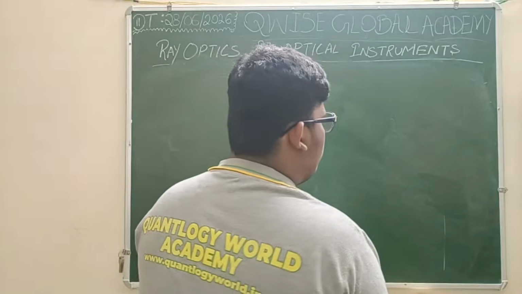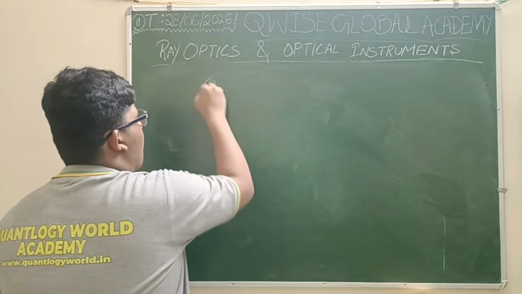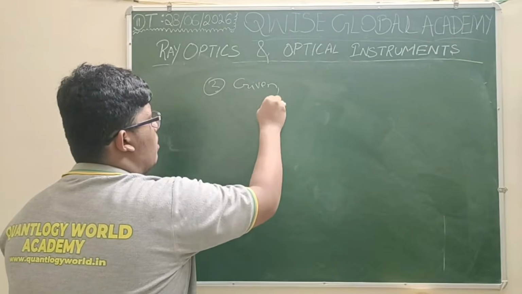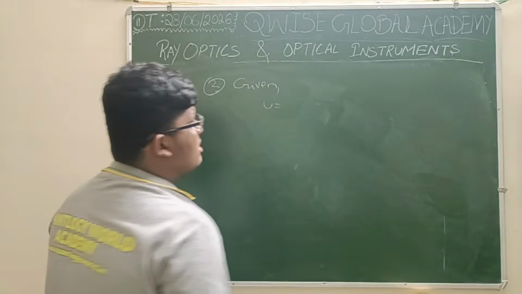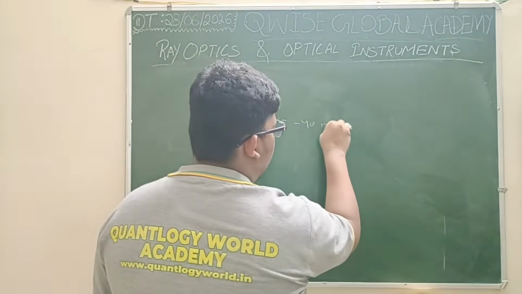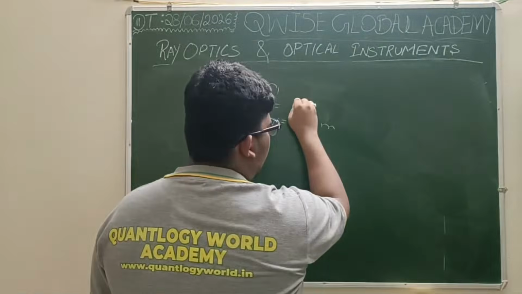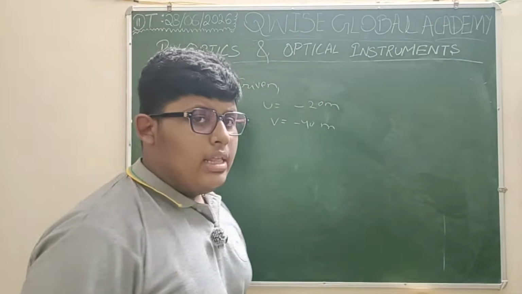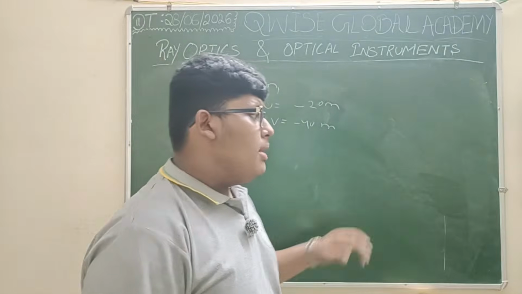Next, we'll move to the next question. Given image distance is minus 40 cm and object distance is minus 20 cm. We have to find focal length using the mirror formula and again magnification.